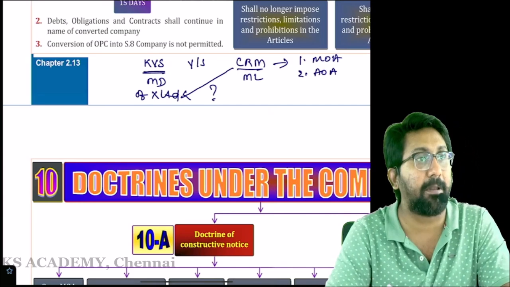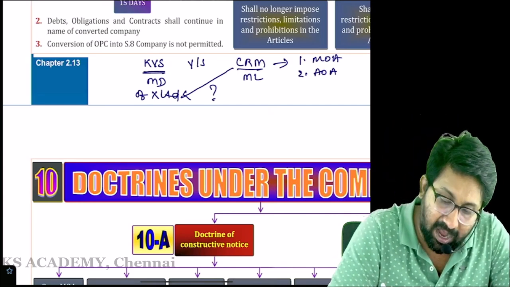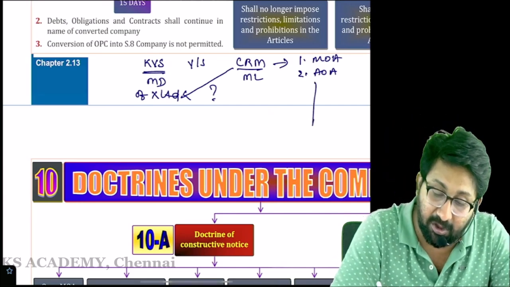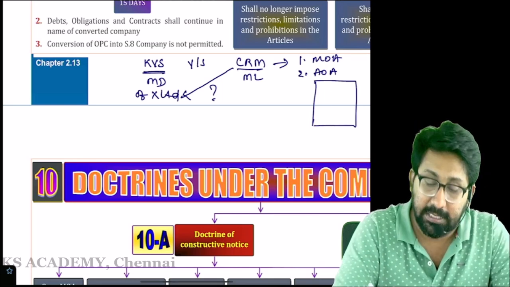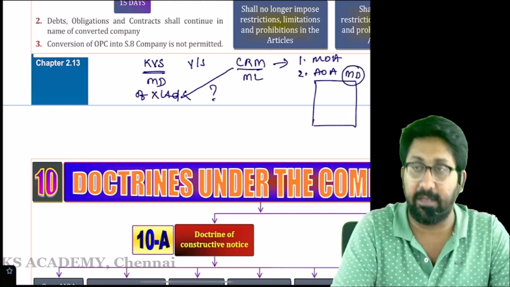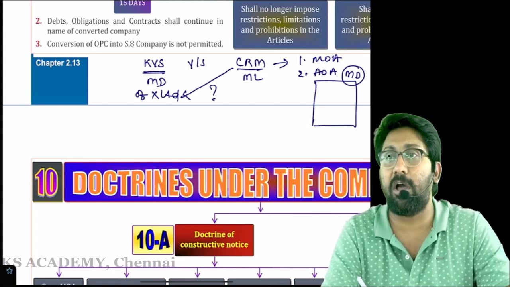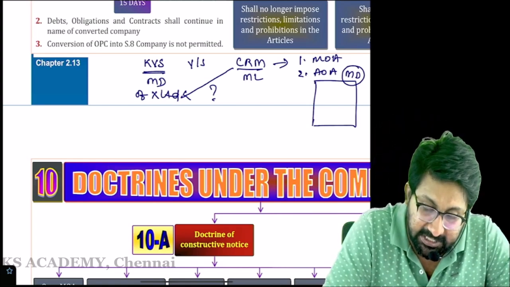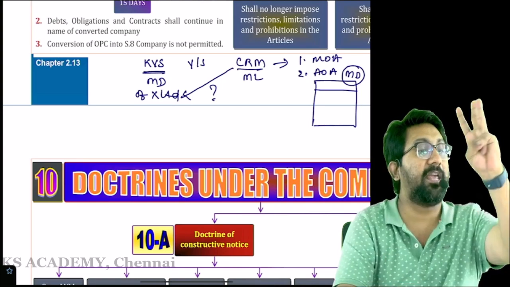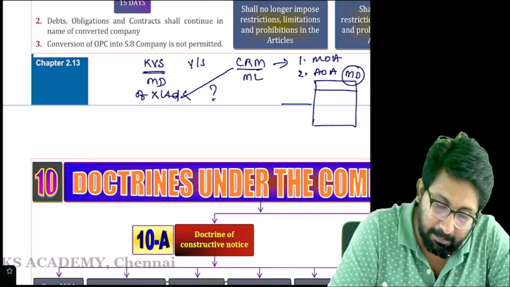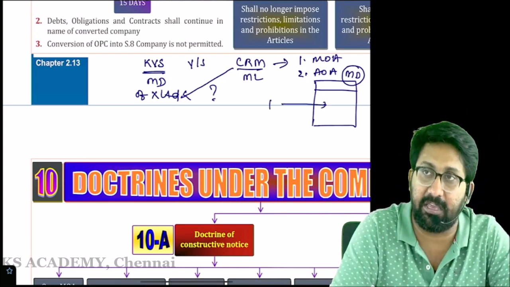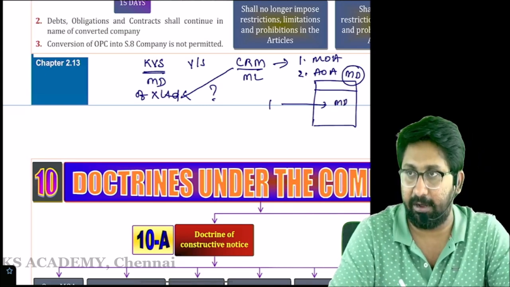In this company's case, what happened is, the articles of association have clearly written that the mortgage deed, which deed? The mortgage deed must be signed by 3 persons. Number 1, by the managing director.